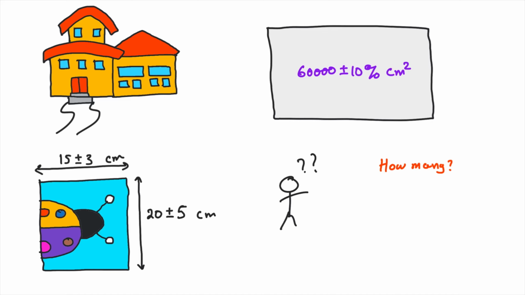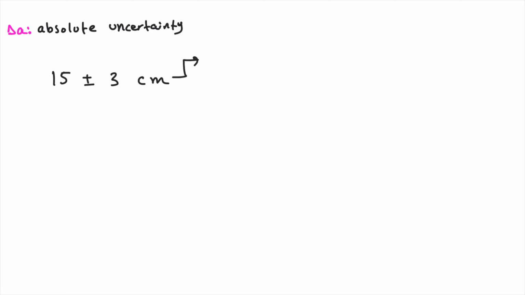Mr. S says, we express uncertainty in 3 different ways. So far, we have seen the absolute uncertainty. For example, for 15 plus or minus 3 centimeters, the 3 is the absolute uncertainty, and it tells us that most of the measurements are 3 centimeters more or less compared to the average measured value of 15 centimeters.